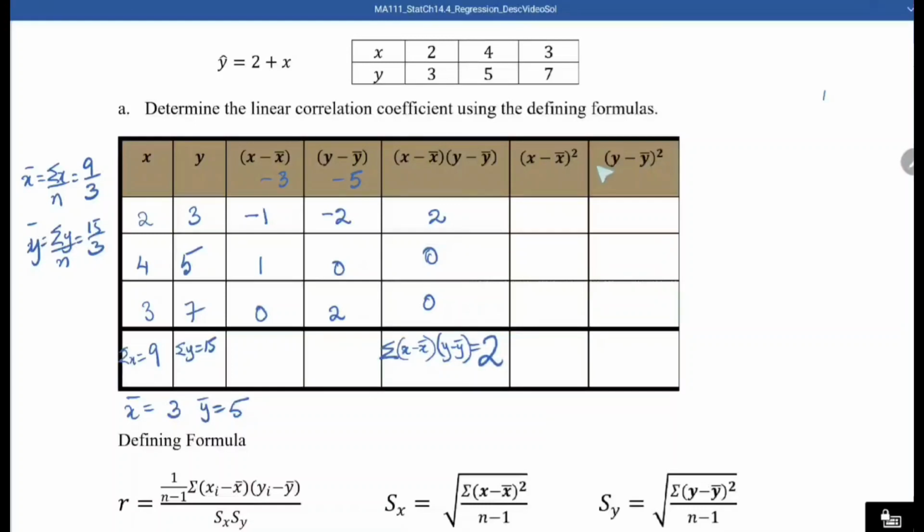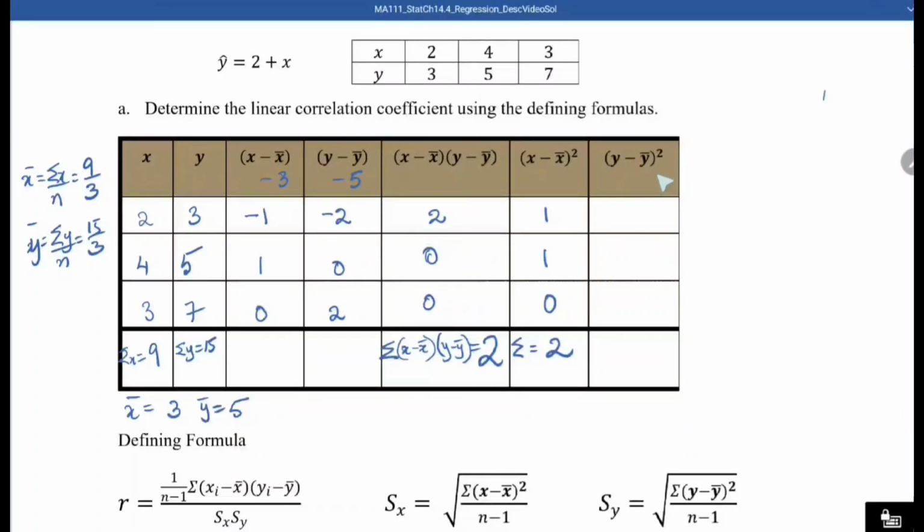Now, for the last two columns, all you do is square the values in the x minus x bar column, the third column, and the values in the fourth column, and write them in the respective last two columns. So minus 1 whole squared is a positive 1, 1 squared is a positive 1, 0 squared is 0, and the summation is 2.